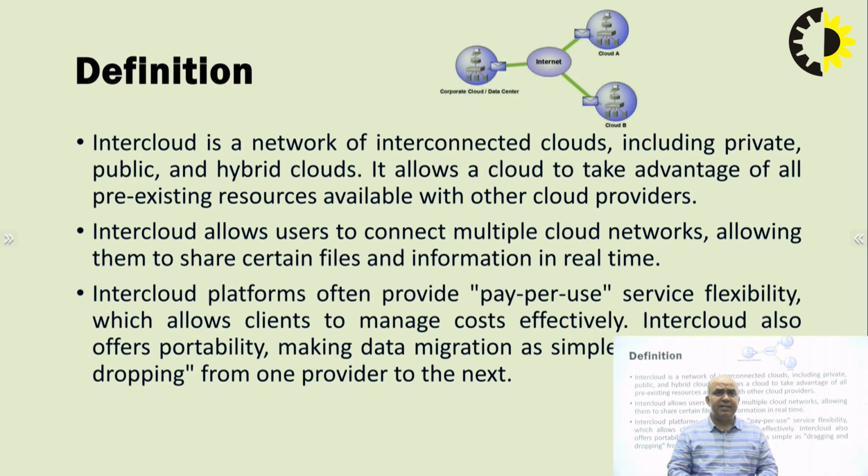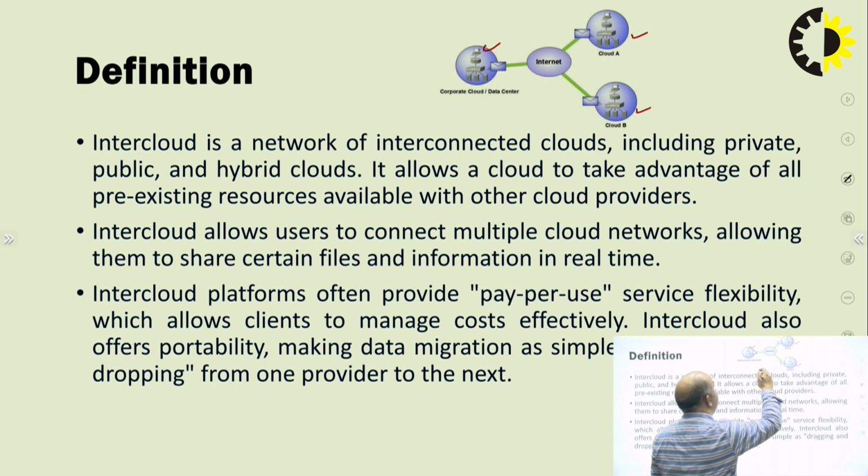So what is the definition here? We have different cloud service providers and different data centers interacting with each other. In terms of definitions, various terminologies are used: interclouds, multi clouds, and federated clouds.